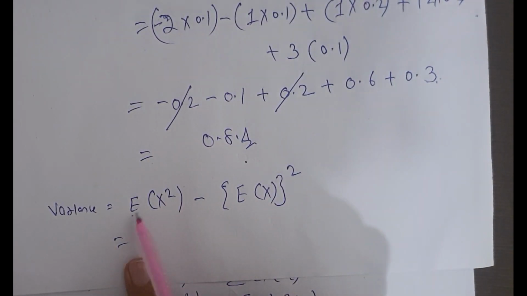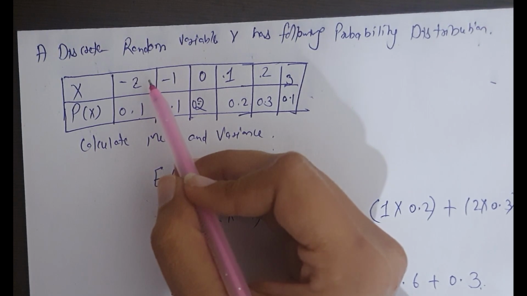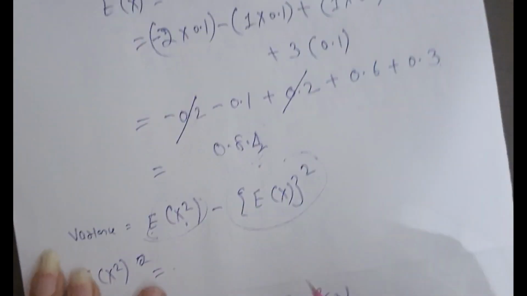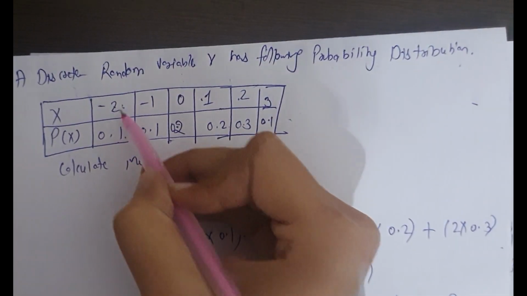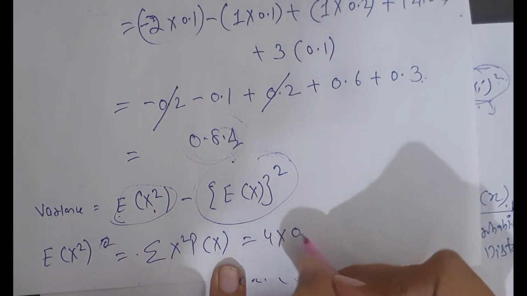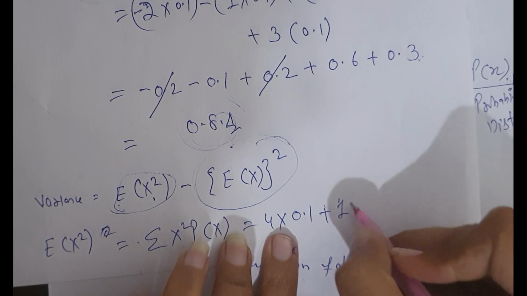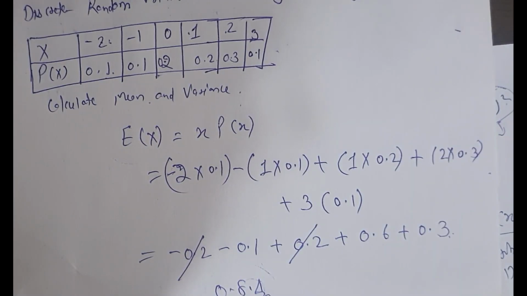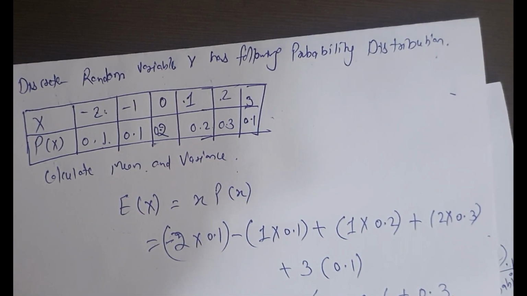Now we have to find this. If we square the mean, then we are done with this term. We have to find the other term. How do we find it? For that we have to do x square into p(x). That is 4 into 0.1 plus 1 into 0.1 plus 1 into 0.2 plus 4 into 0.3 plus 9 into 0.1.